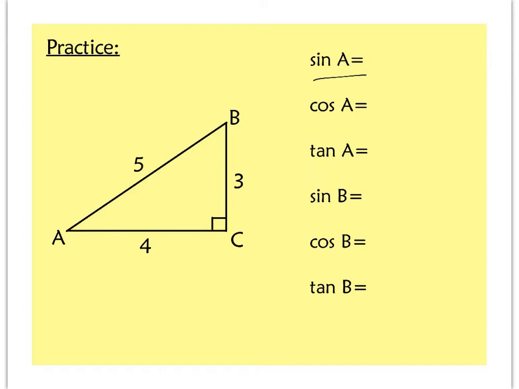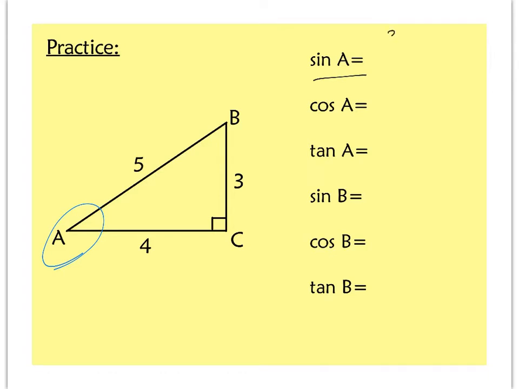Sometimes it helps to circle your reference angle, really knowing where you start. So I'm starting at A. Opposite is the side not touching that angle. The hypotenuse is the side touching A, and this one is not touching A. That's my opposite side, and it goes on top of my ratio.